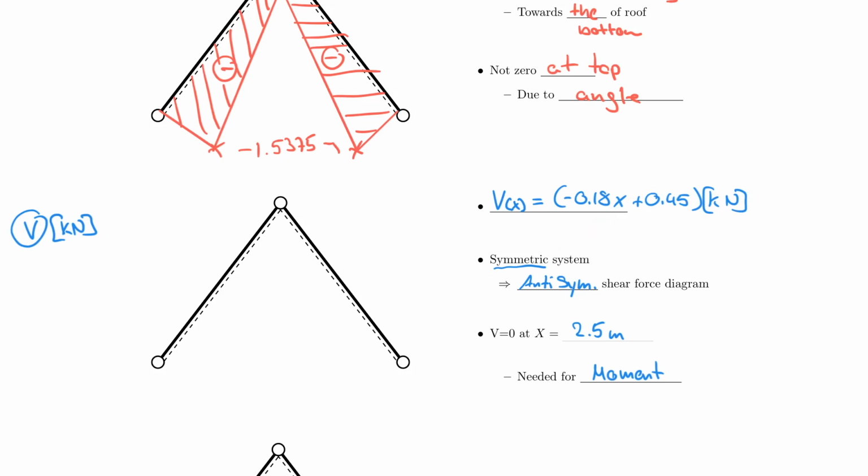So when I want to draw that, it's going to look something like this. There's my positive value. And if I plug in 5 for x into my equation, I will find that it's actually going to negative 0.45. So what I will end up with is a linear function that goes from positive 0.45 to negative 0.45.